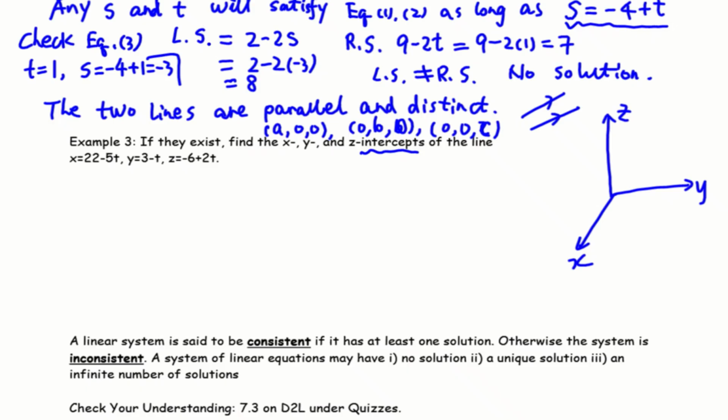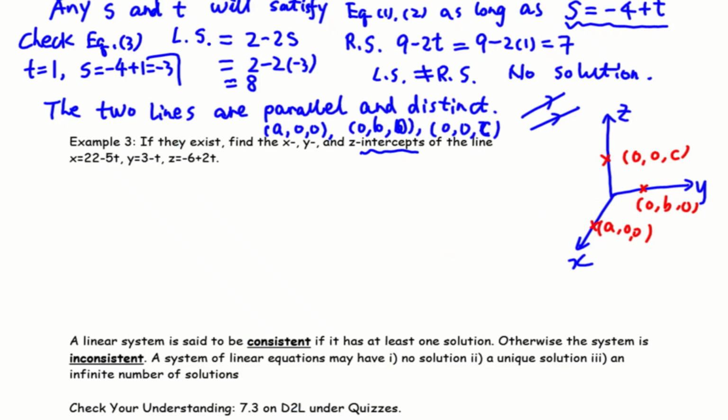Okay, so we want to see if they have the x, y, and z intercepts. If we have a line just randomly somewhere, you may not have any of these intercepts.